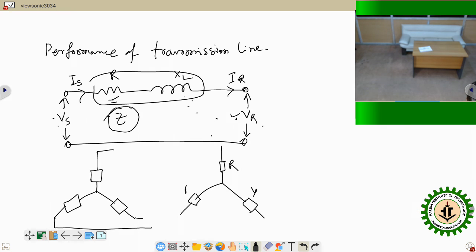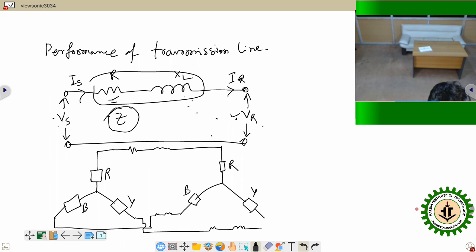So we connect. So this is the line resistance and inductance. Basically all transmission lines are 3-phase transmission lines. But for our easy calculation, we only consider a single phase.